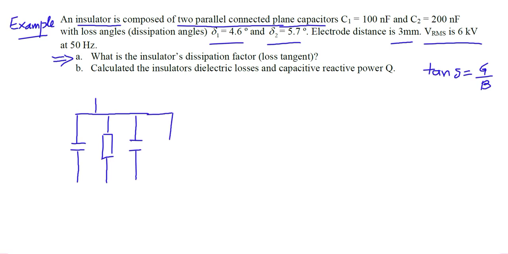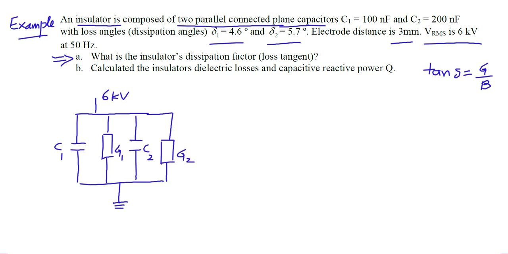Then we have conductance of the second insulator. And applied voltage is 6 kilovolt. And we have ground here. So this is C1, this is C2, this is G1, and this is G2.